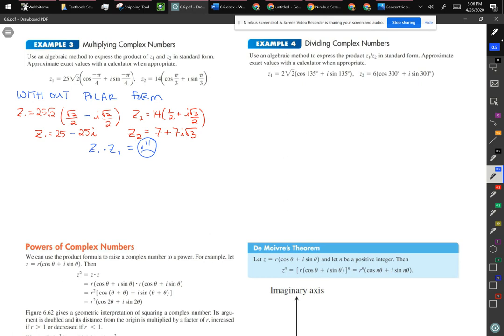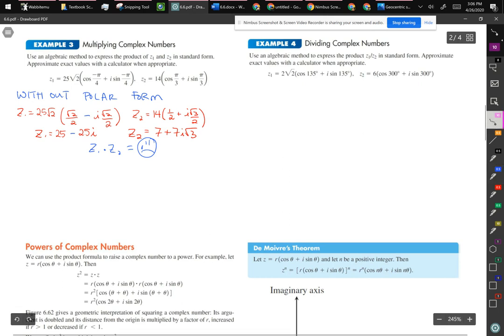So if you have an angle of negative pi over 4, you're pointing in quadrant 4, 25 root 2 units away from the pole, and then pi over 3, 14 units away from the pole. If you multiply those, all you have to do is multiply the two radii and then add the two angles, and that's it.